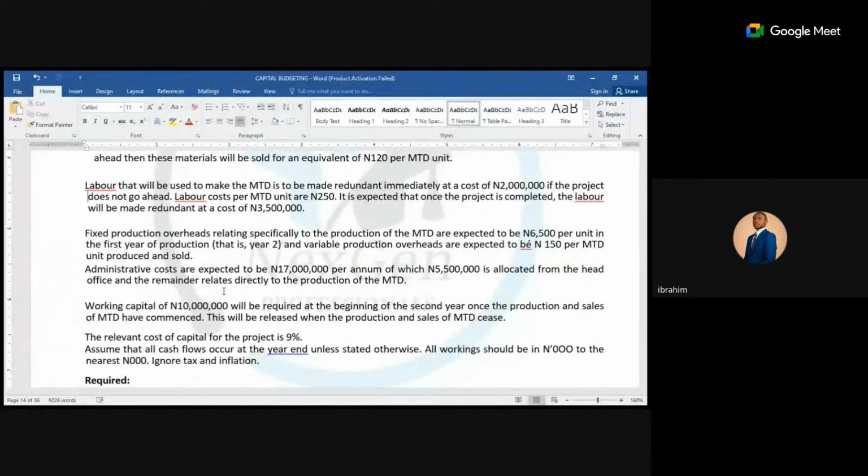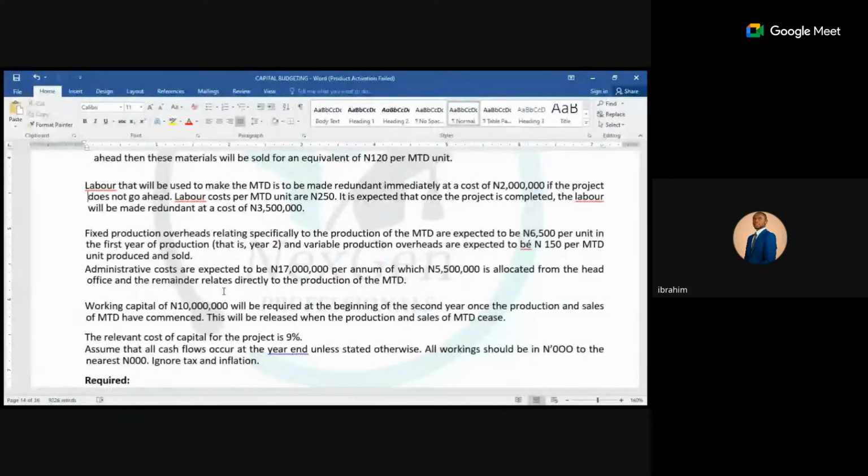And with the look of things, they've already built the factory. They want to embark on the project, right? So this 2 million will be like a savings to them, right?